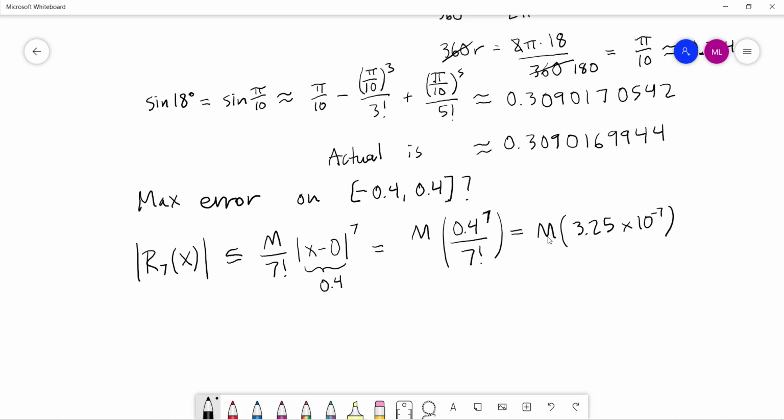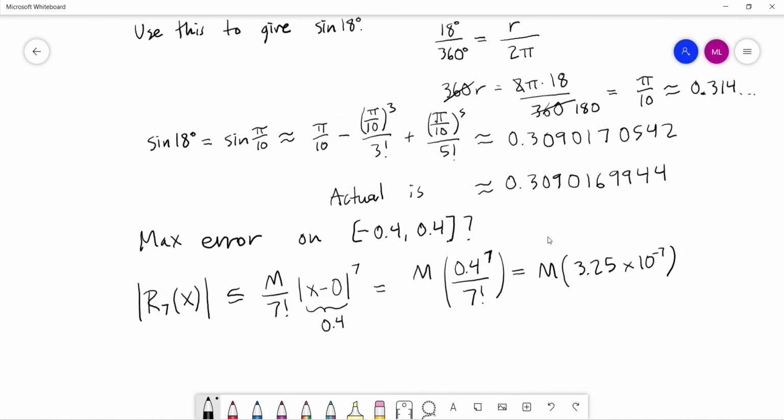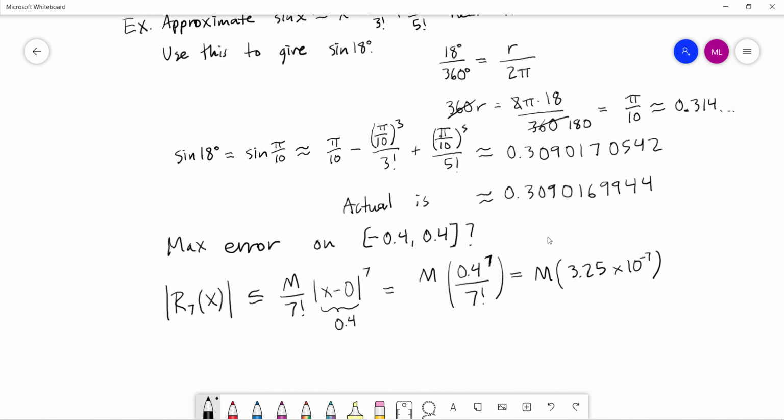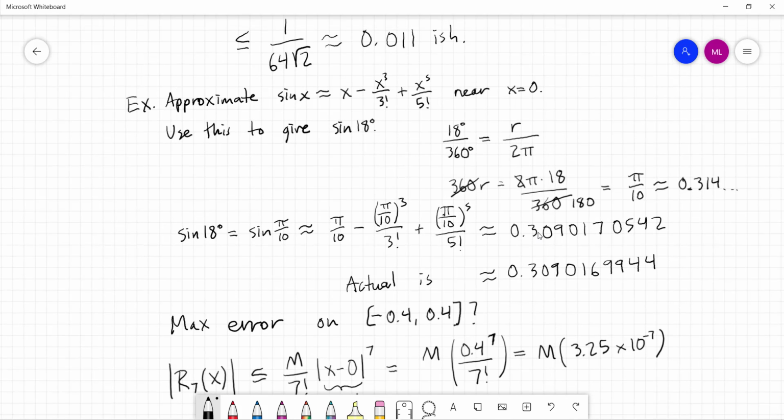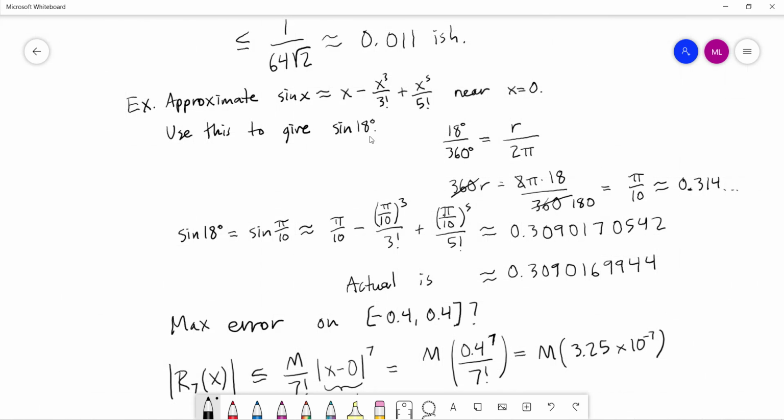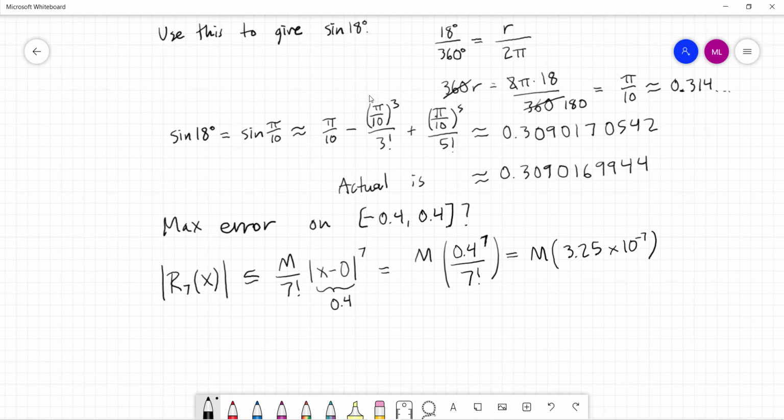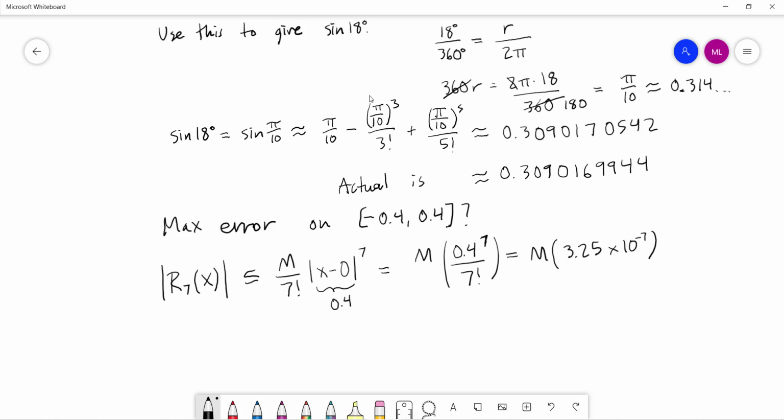Now we just need to figure out what the maximum value of M is on this interval. And what is M? M is the largest that the 7th derivative of the original function, sine, is going to be. If we want to just play it safe, we could probably get something a little bit more accurate than this. But keep in mind, when you take derivatives of the sine function, you only get back sines and cosines.